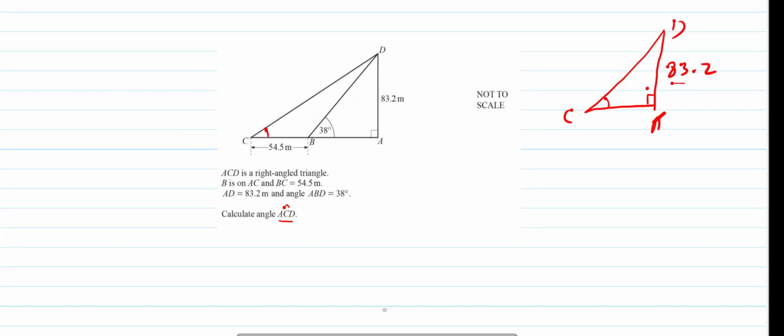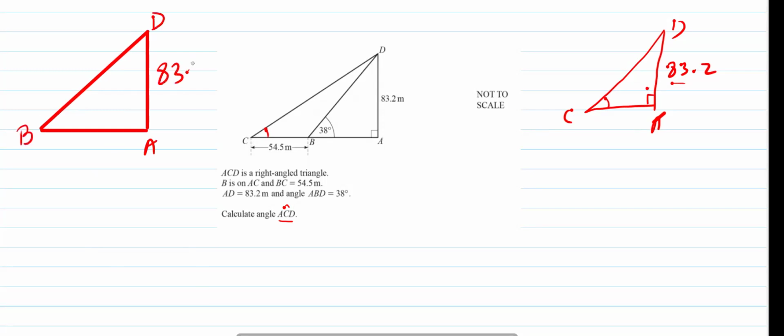For that, I will take this smaller right angle triangle, which is ADB. Then things will be manageable. This side is 83.2, and this angle is 38 degrees. So I can find AB first, and then the total AC will be very easy to get.